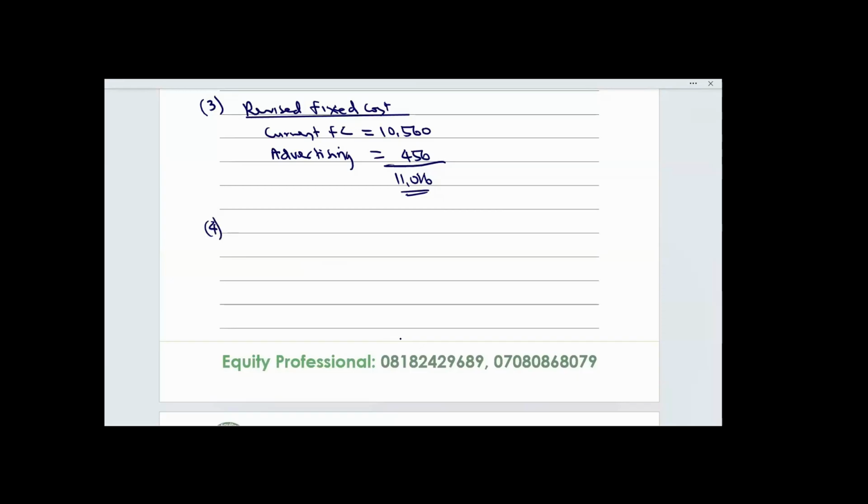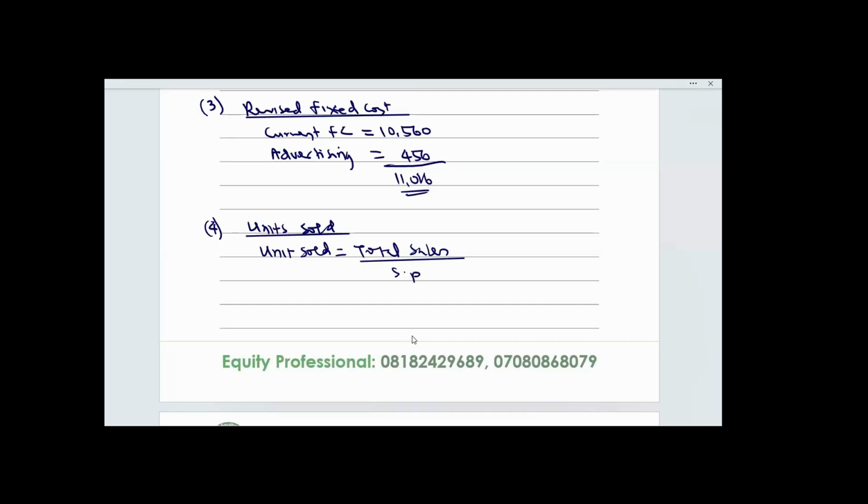First thing first, we need to determine the units sold for each product. Units sold is equal to total sales divided by selling price.